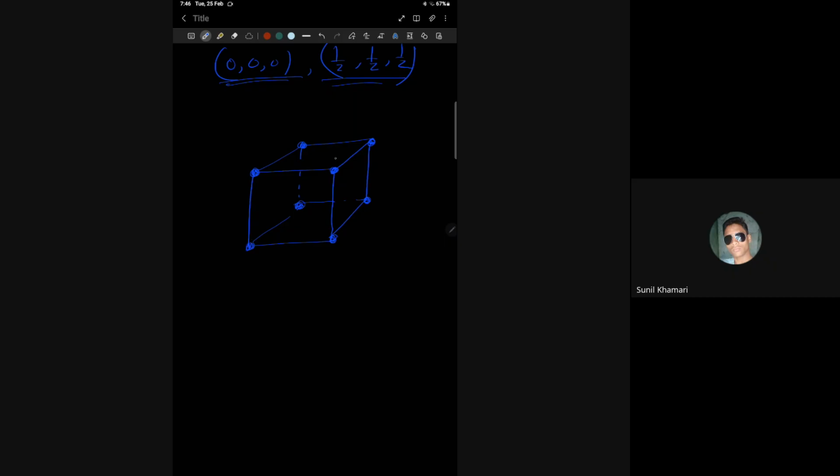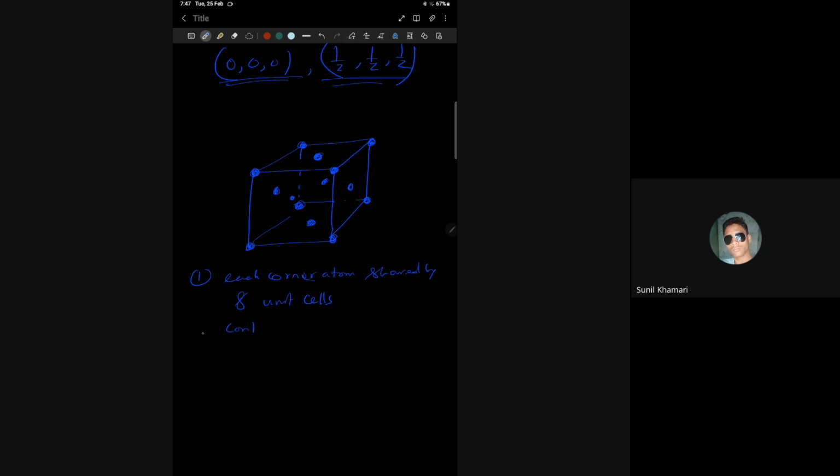And then on each face, one over here, one over here, one over here, and one on each of the other faces. Okay. So let me write down one part: each corner atom is shared by 8 unit cells.